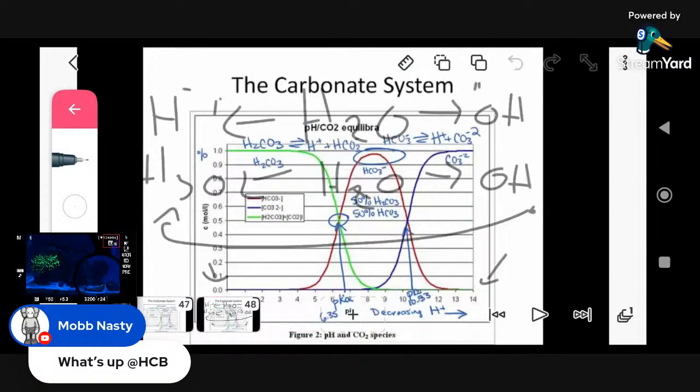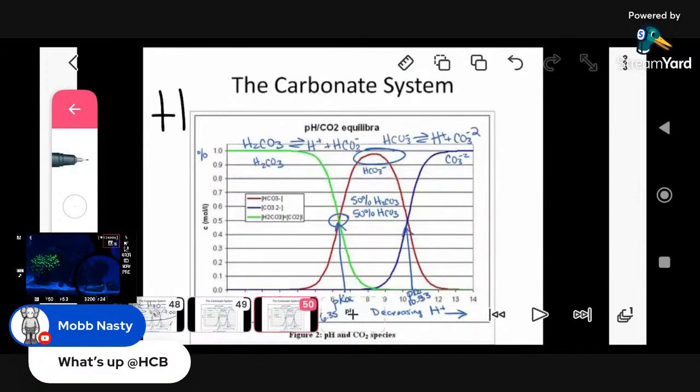So let me write that. If you take the equation that I just did, H plus in an equilibrium reaction, which is H3O. Oh, my bad, wrong. Same thing, but I messed it up.